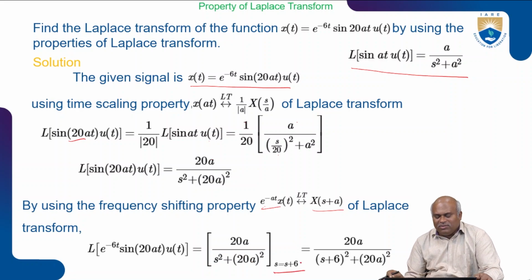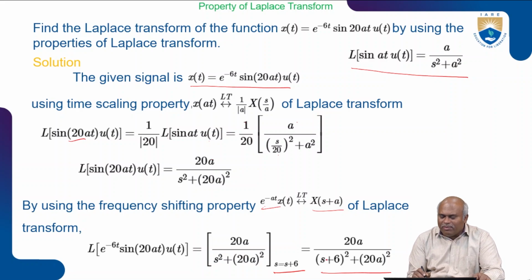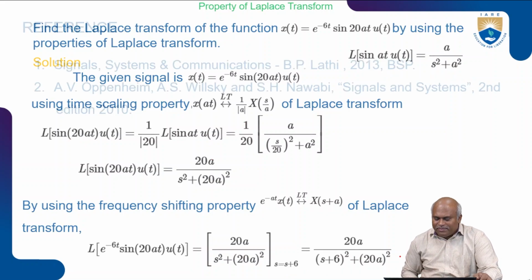Now s tends to s plus 6. Just substitute here: 20a divided by s plus 6 whole square plus 20a square.